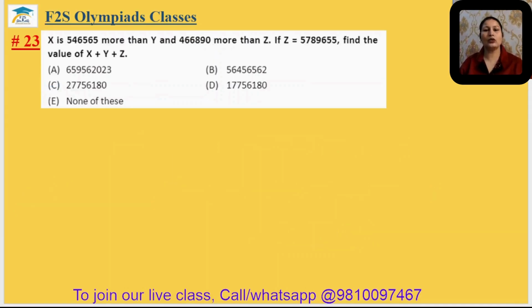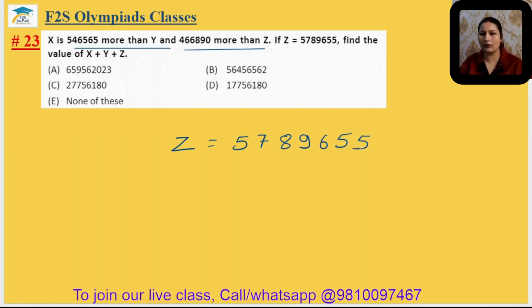Okay. Come to question number 23. X is this more than Y, okay? And this more than Z. If Z equals this, find the value of X plus Y plus Z. We know Z equals 5789655.